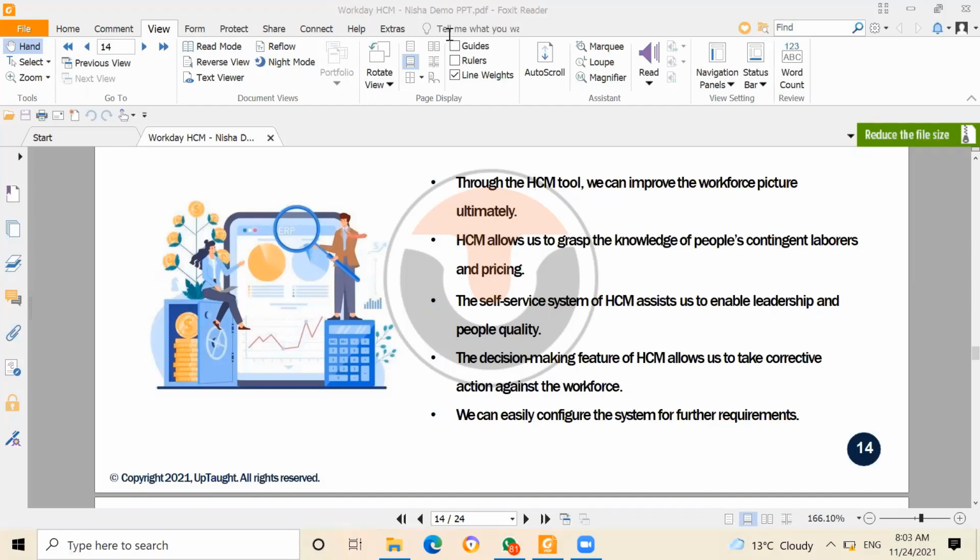There are different processes to follow to complete data migration, and these sets of processes differ according to the software. So you will get to know when you do the learning part of Workday.